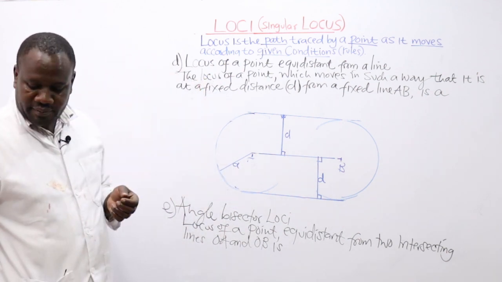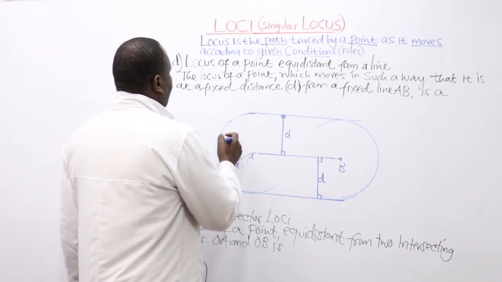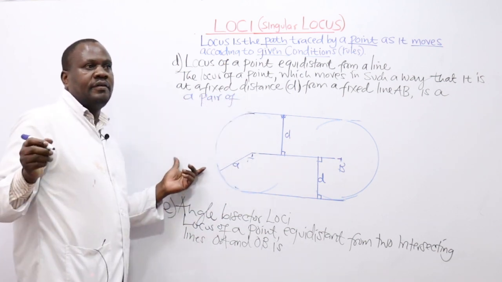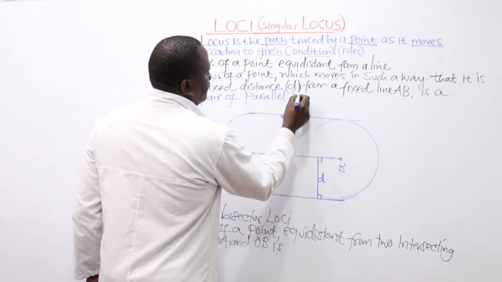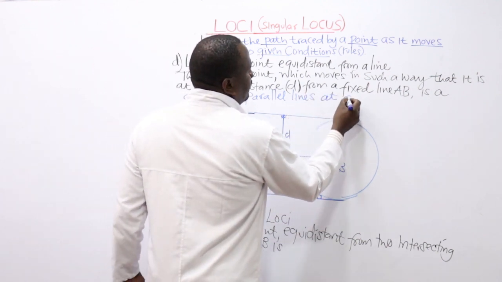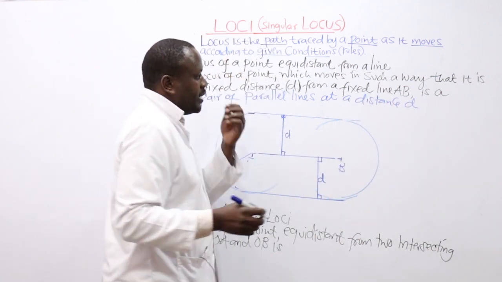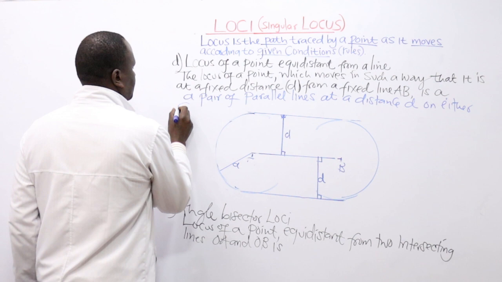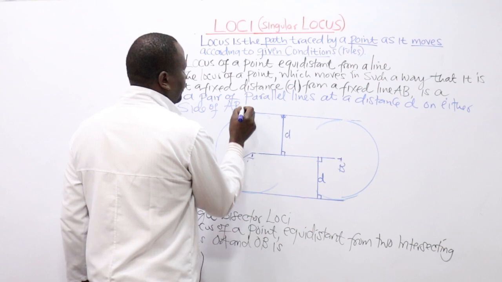So, what can we describe this as? It is a pair of parallel lines at a distance D on either side of AB, of line AB.